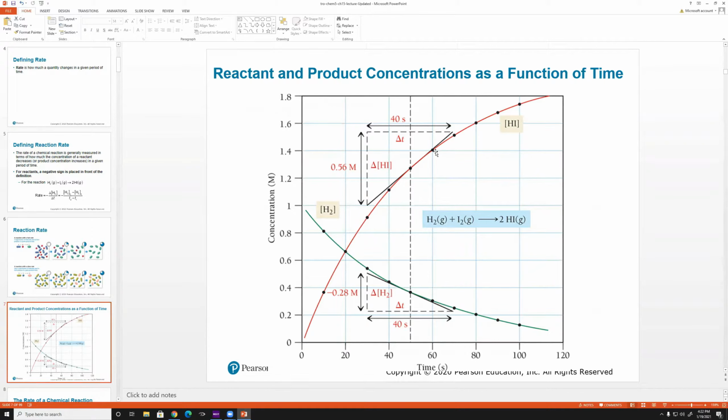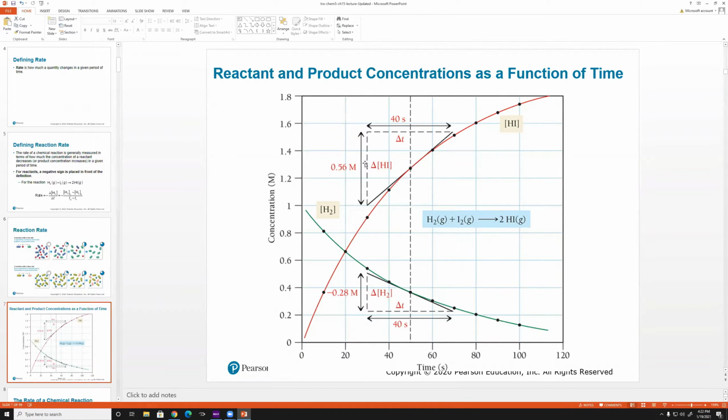Now, another way you can determine the rate of reaction based on concentration of products and concentration of reactant curves as a function of time is by using a little bit of calculus and calculating the tangent line. The tangent line at a certain point would give you the slope at that point. And the slope is going to be your rate of change, right?